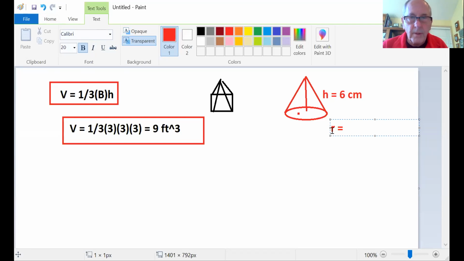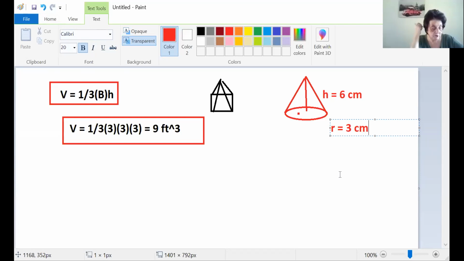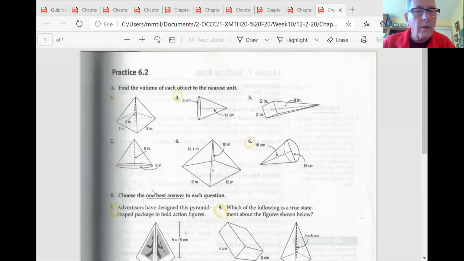Radius of that one, what, 3? Is that what it was? I don't know. I lost it. Which number are we doing? Number 2 or number 3? Let me go back and look. Just a minute. Sorry. We're doing number 2.